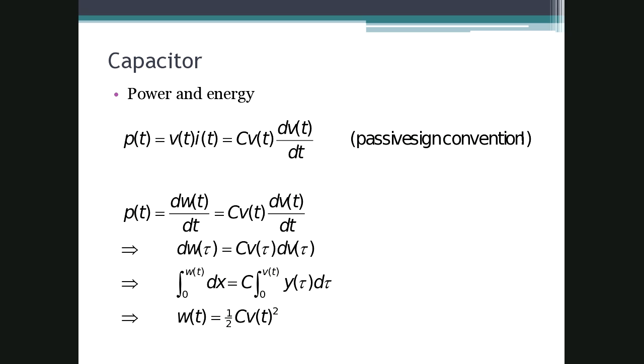So for the power equation, we can derive the energy equation by starting off with power. We have the same equation, P is equal to V times I. But again, remember this time we're dealing with functions. So p(t) is equal to v(t) times i(t). Now we know what i(t) is equal to, so I'll underline those terms.